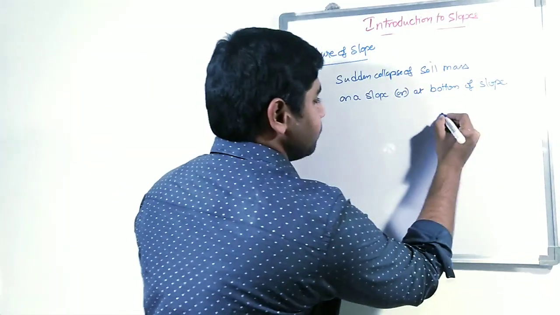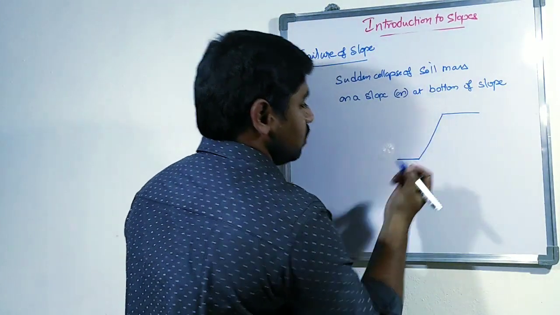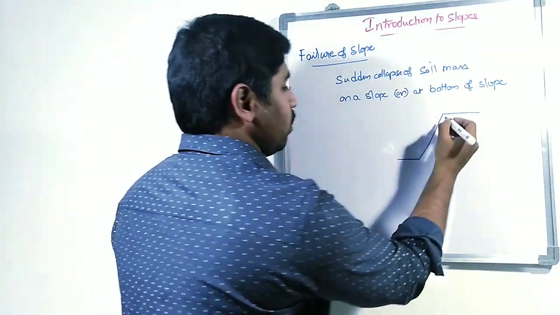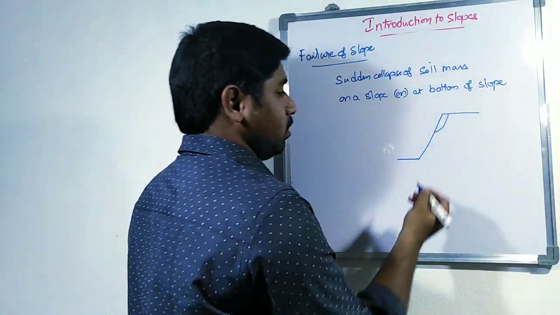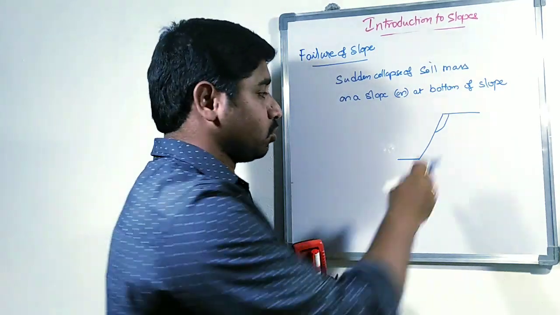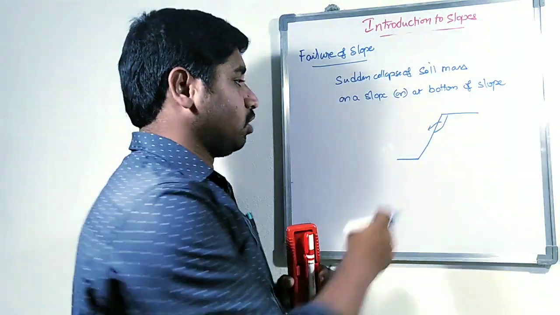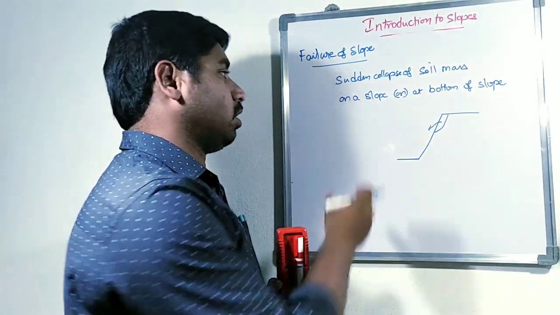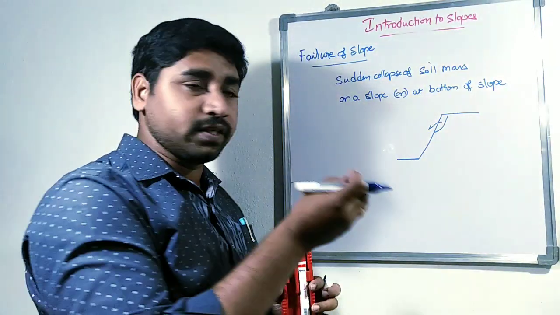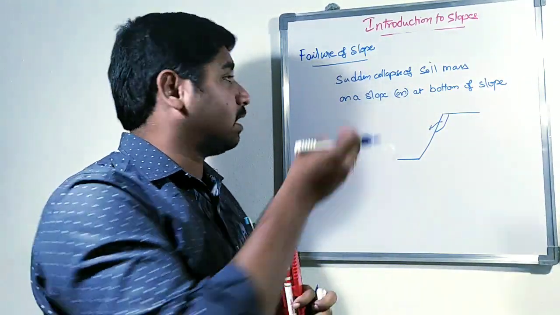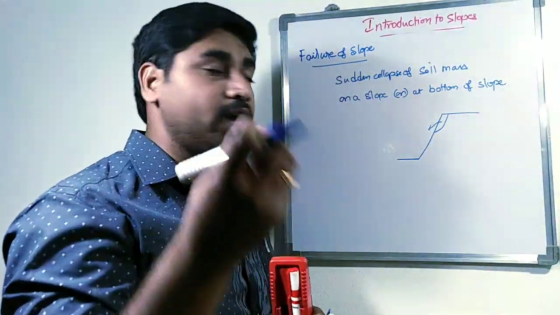If you see, this is a slope. If some portion of this slope has failed, some portion of the soil mass has collapsed from this portion. So it is on the slope. On the surface of the slope, if some collapse has taken place, that particular collapse is referred to as failure of slope.